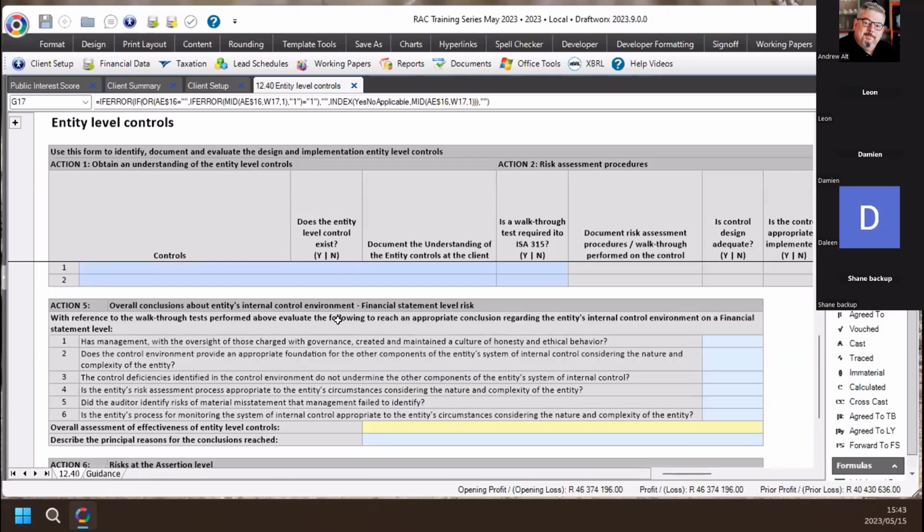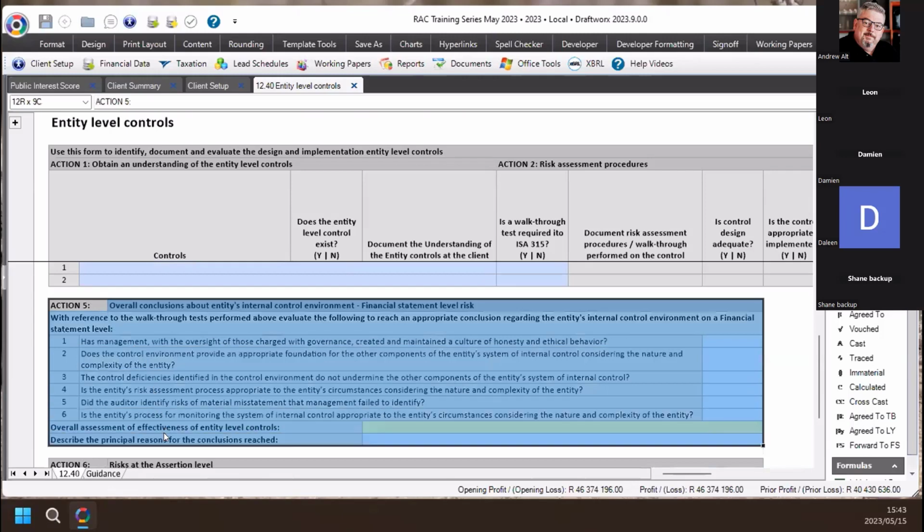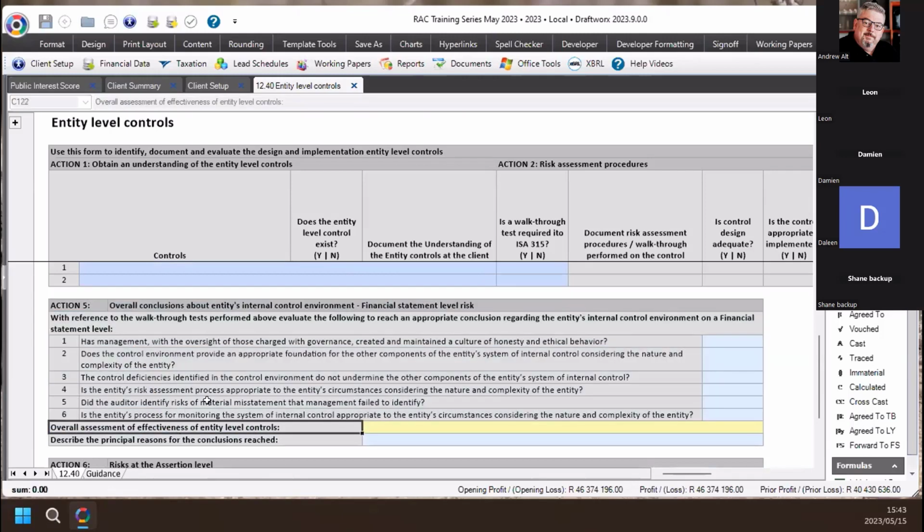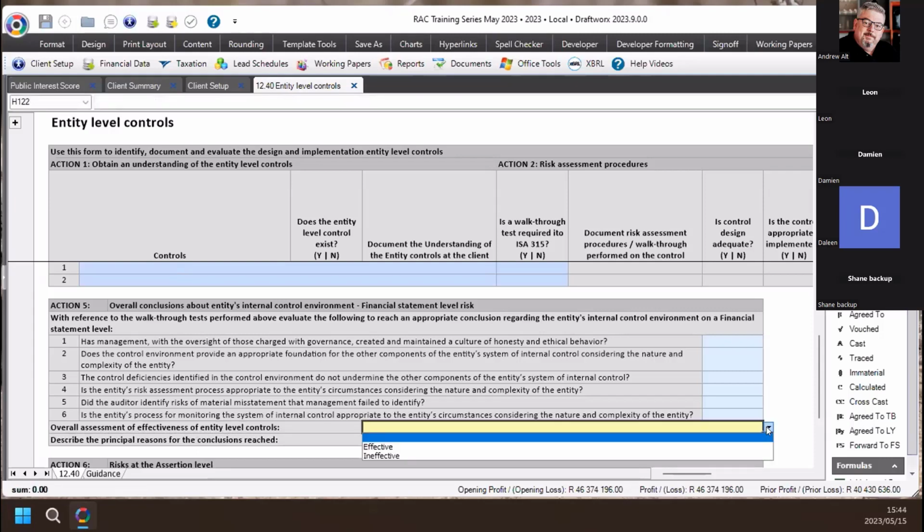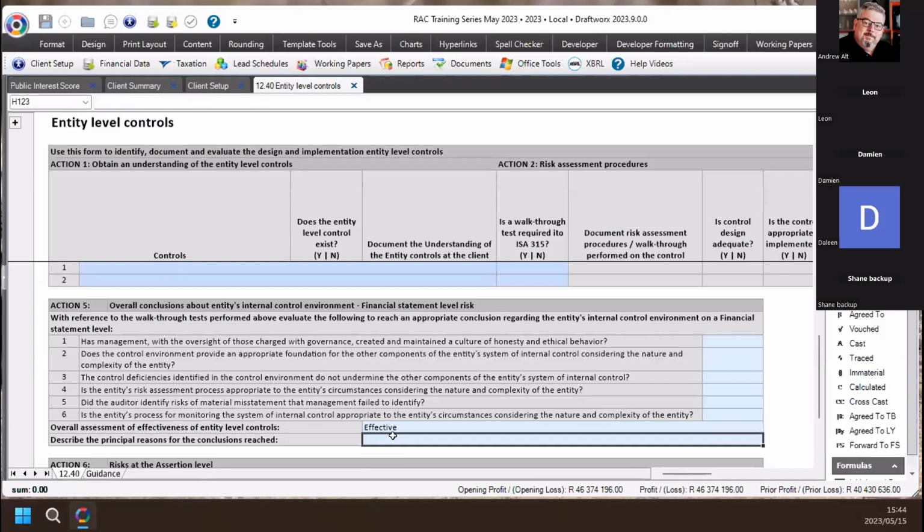And so my suggestion is to start with action 5. I know this sounds backwards, but consider what we're asking in action 5: what is our overall assessment of the effectiveness of the entity level controls? Are they effective or ineffective? And then provide the principal reasons.